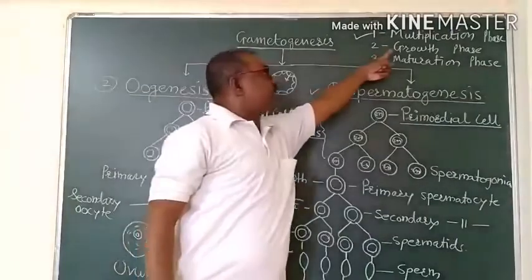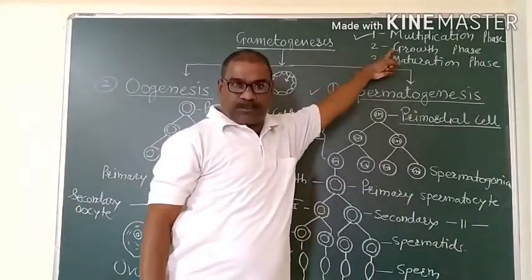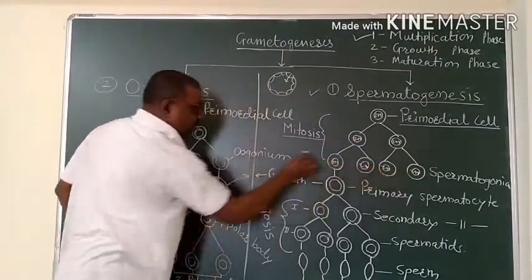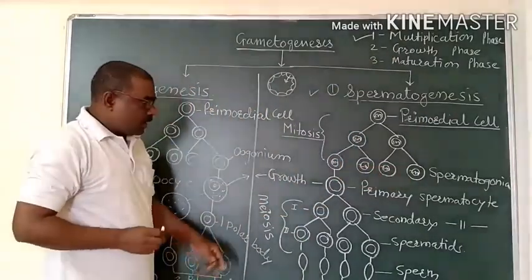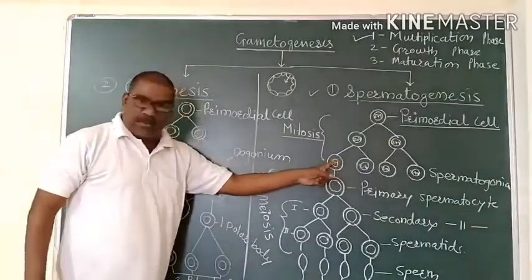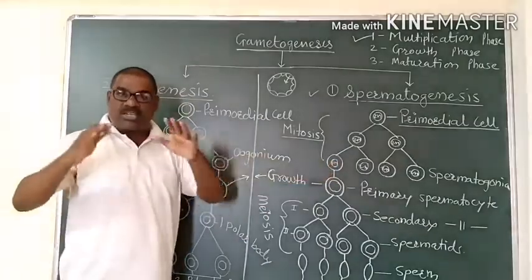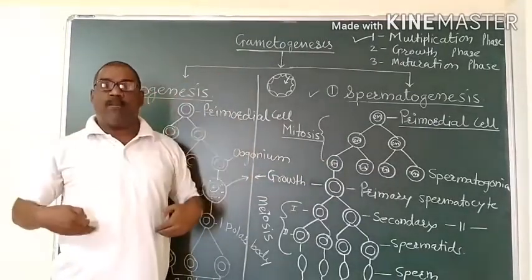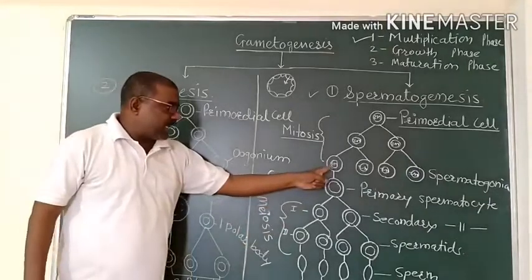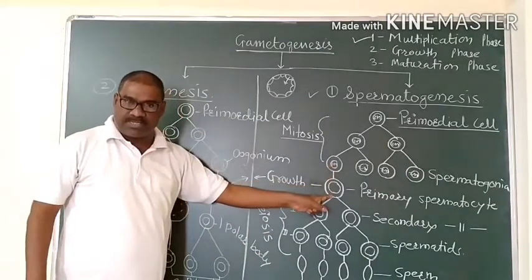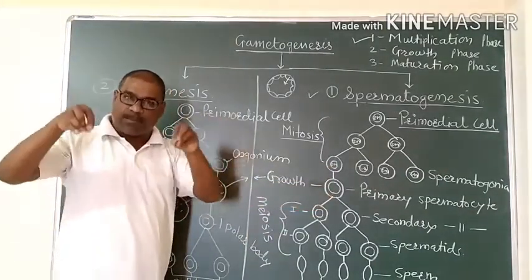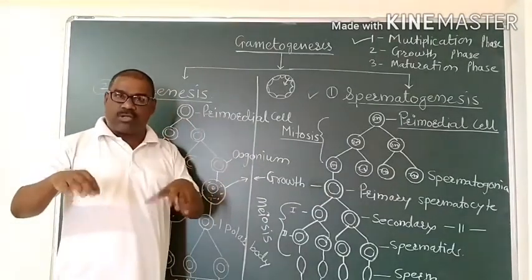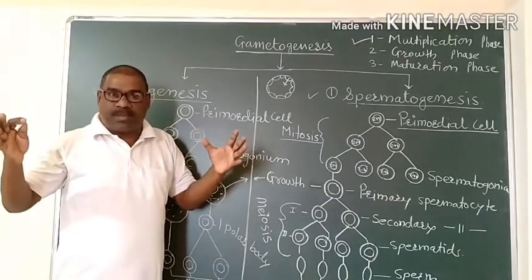Then the second stage. Second stage is called the growth stage. Here these are the spermatogonia. Here one of these spermatogonia then starts to develop because of accumulation of food. या ठिकाणी यातल्या एका स्पर्मॅटोगोनियामध्ये जास्तीत जास्त प्रमाणात अन्न साठवलं जातं, आणि अन्न साठवल्यामुळे त्या पेशीची वाढ होते.